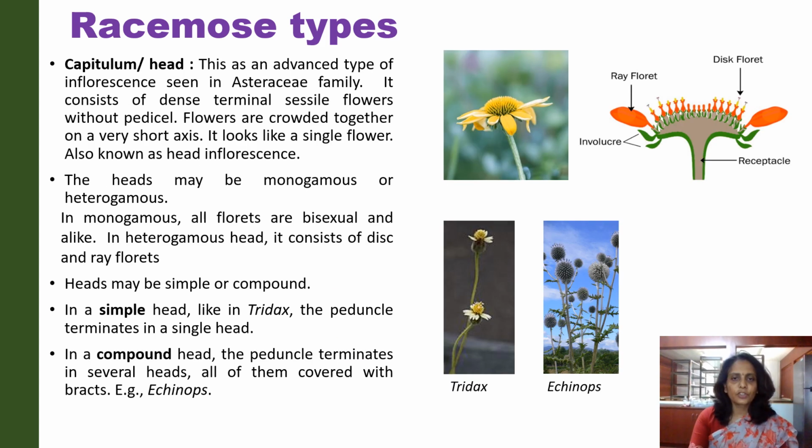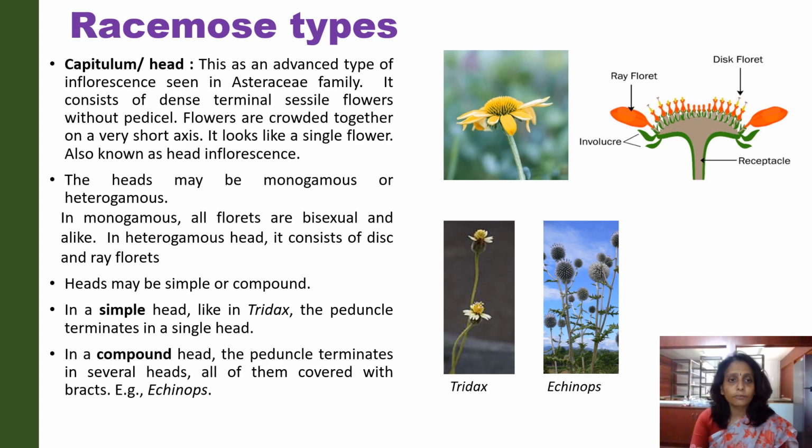The head or the capitulum type of inflorescence is an advanced type of inflorescence which is seen in the Asteraceae members, example Tridax, sunflower, where it comprises dense terminal sessile flowers without pedicel. The inflorescence is slightly flattened. The flowers are crowded and arise on very short axes.